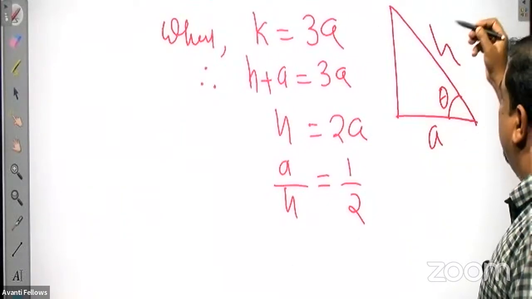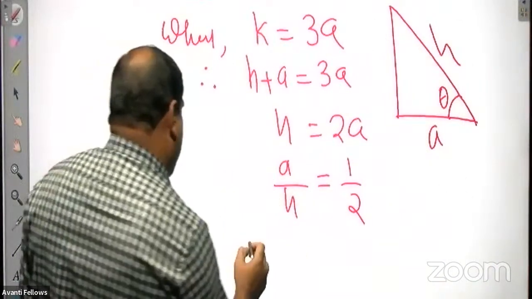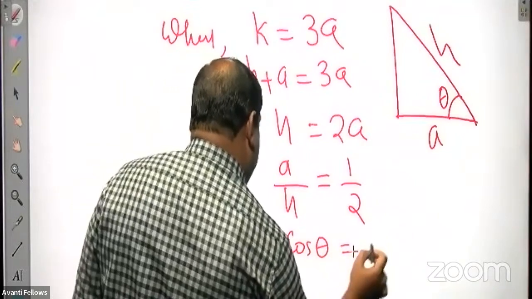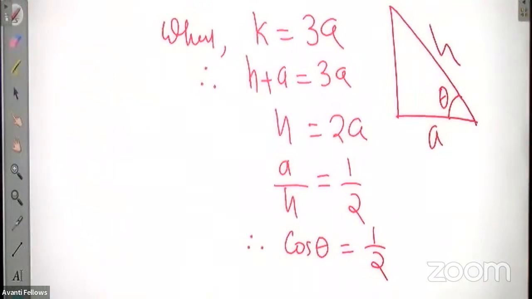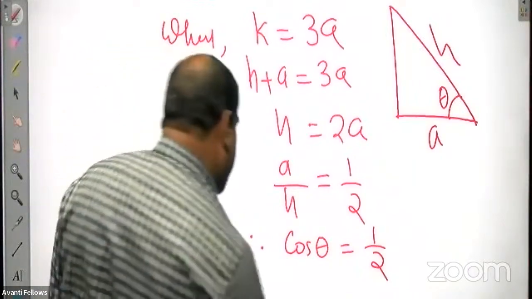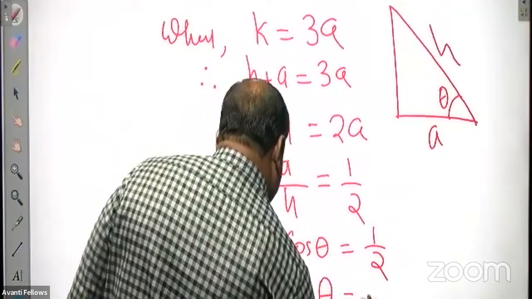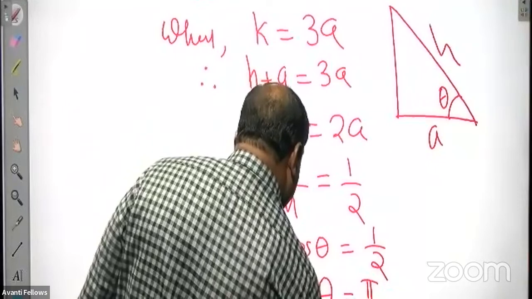Adjacent side by hypotenuse means that is cos theta. So cos theta is 1 by 2, and cos theta equal to 1 by 2 means theta is equal to 60 degrees, pi by 3.